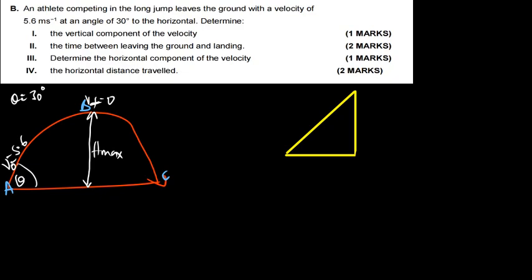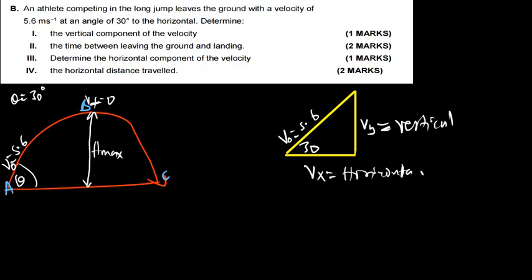So what is happening is that I have my 30 degrees here and my velocity is here, 5.6, meaning that this is the x component, my Vx, and this is my y component. The y is the vertical, the x is the horizontal.